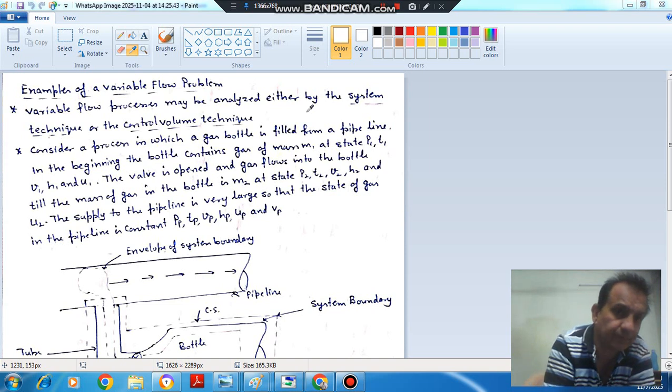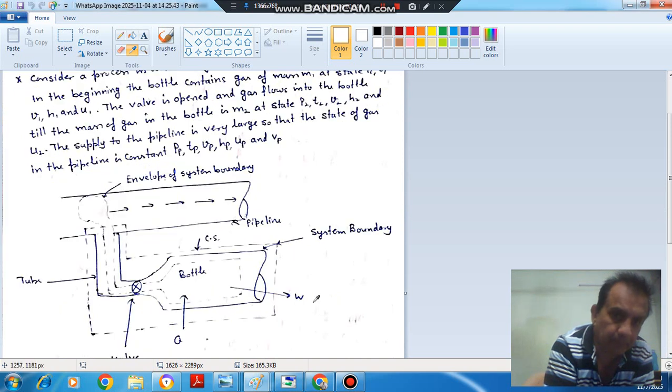Now we'll take one example of a variable flow problem and apply the system technique and the control volume technique to solve it. Suppose we are filling a bottle from a pipeline and subsequently we are supplying heat also.